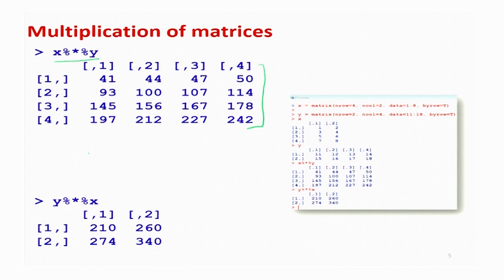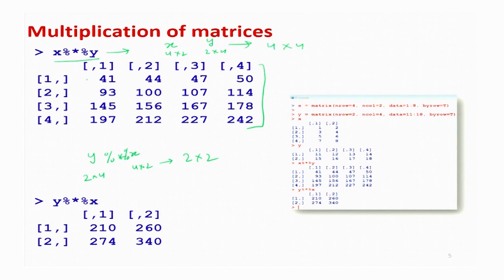And similarly, if you do Y into X, what is the order of Y? 2 cross 4. And the order of X is 4 cross 2. So, the resultant is going to be a matrix of order 2 by 2. And the same thing happens in X and Y also. The order of X is 4 by 2 and the order of matrix Y is 2 by 4. So, the resultant will be a matrix of order 4 by 4.